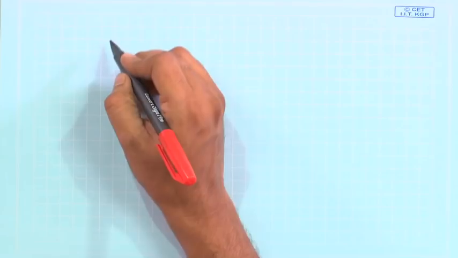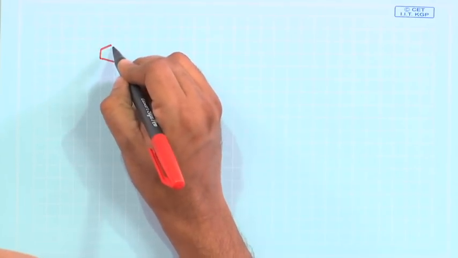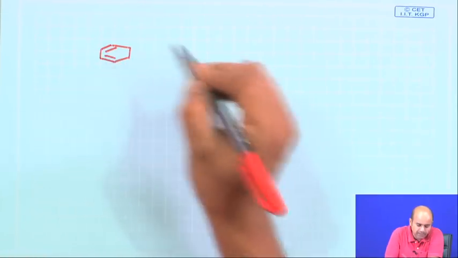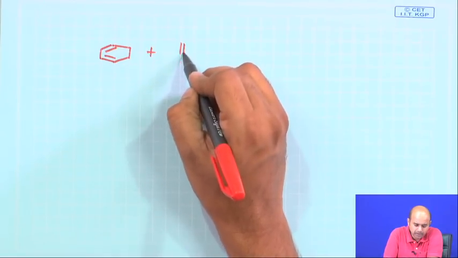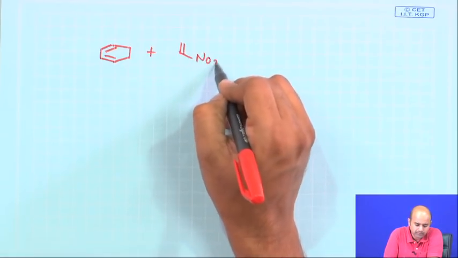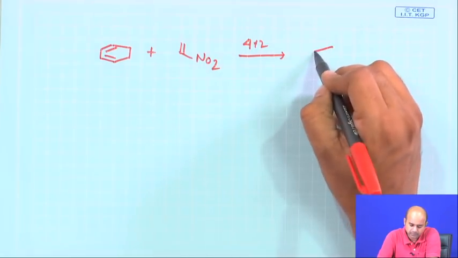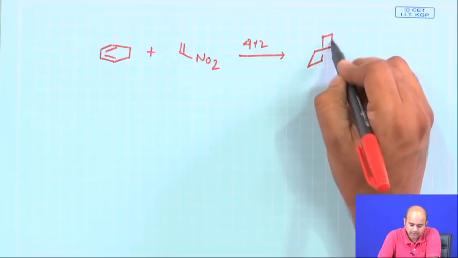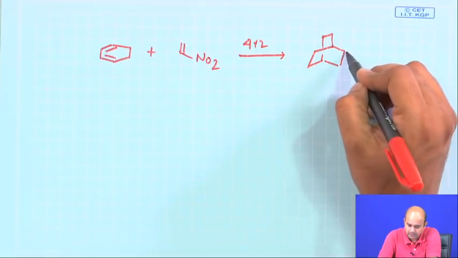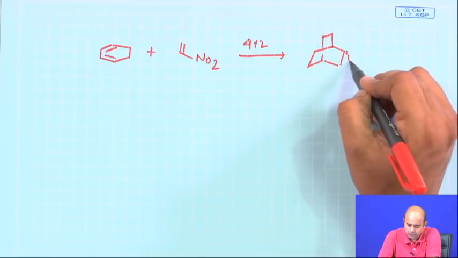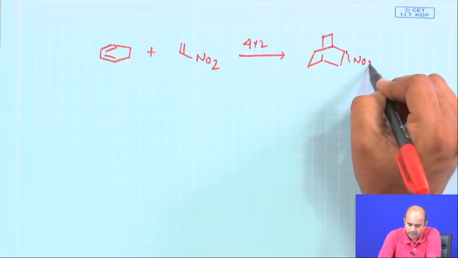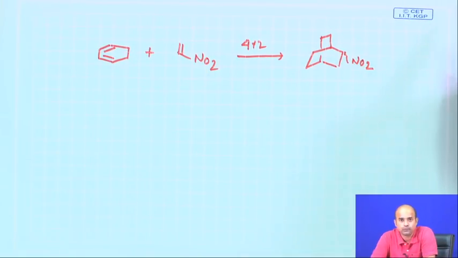Now, how? The pathway will be very similar and the transformation you are already familiar with. So, what we do? You take this diene and react with vinyl nitro compound. So, a 4 plus 2 thermal cycloaddition, and you will basically get the product. The stereochemistry I did not mention, but normally in a Diels-Alder cycloaddition you will always get the endo product in 4 plus 2.